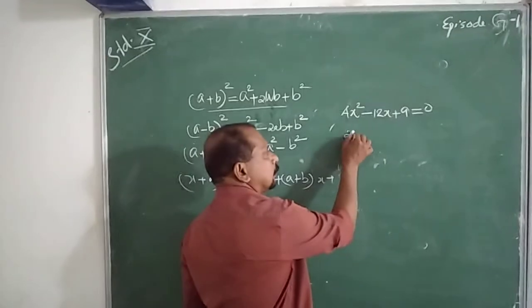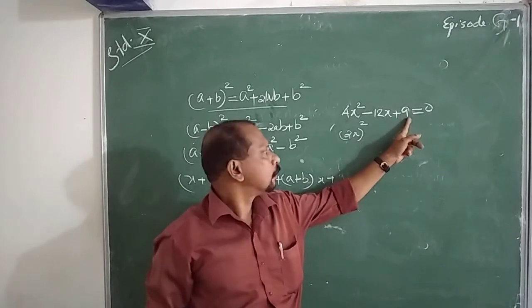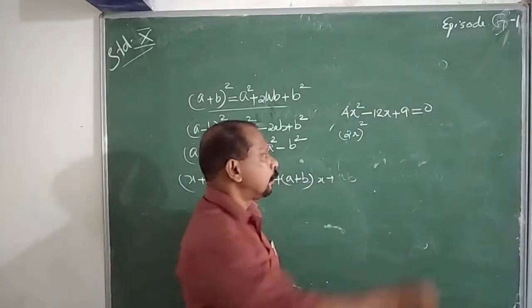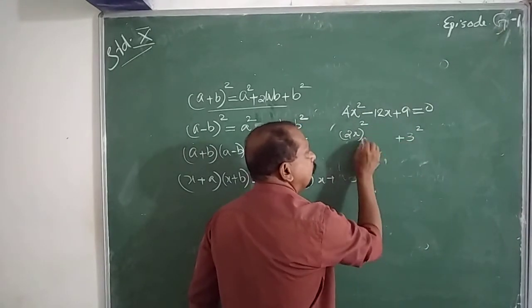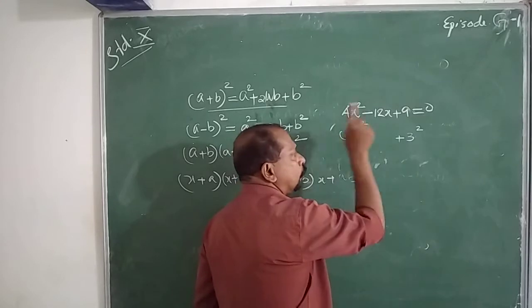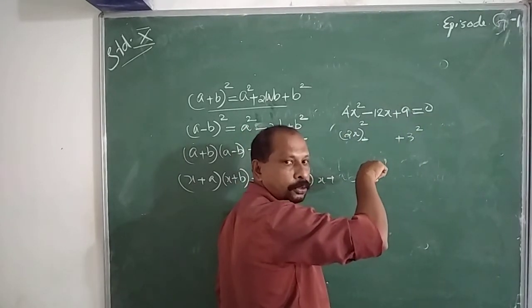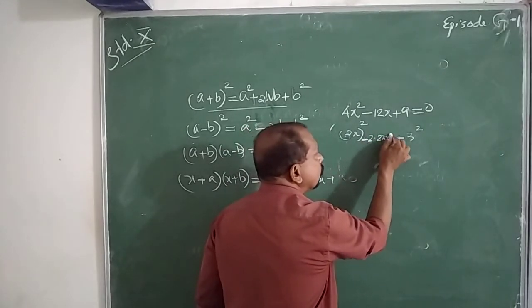It is 2x the whole square. Then what is the last one? 3 square. Okay. Then what is this one? 2 into 3 is 6, 6 into 2, twice, is equal to 12. Therefore it is 2 into 2x into 3.